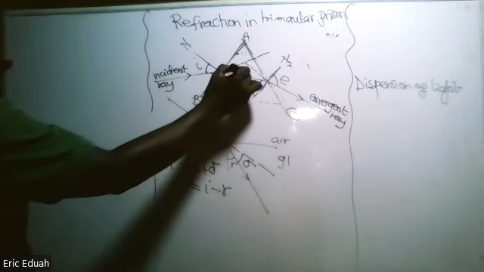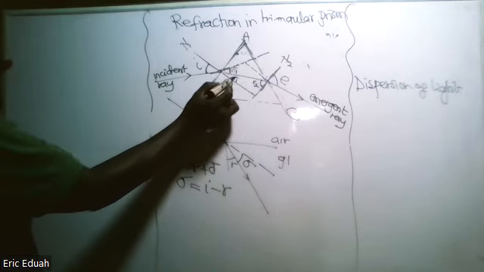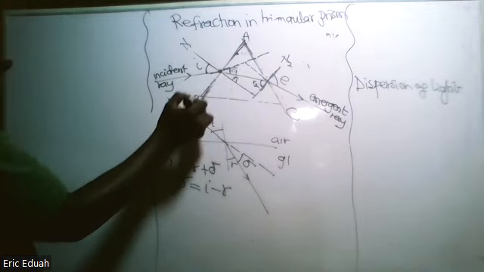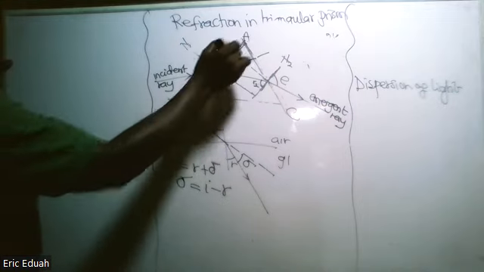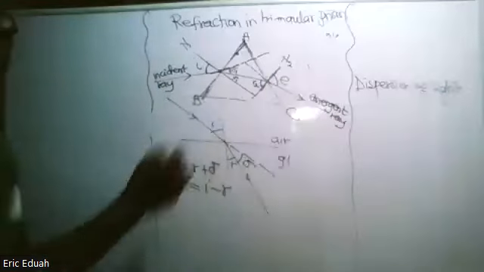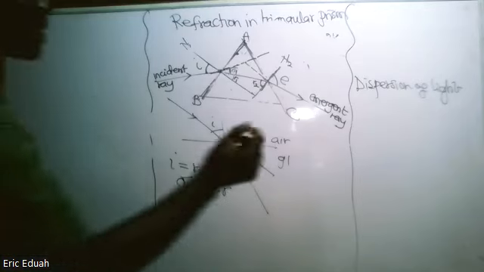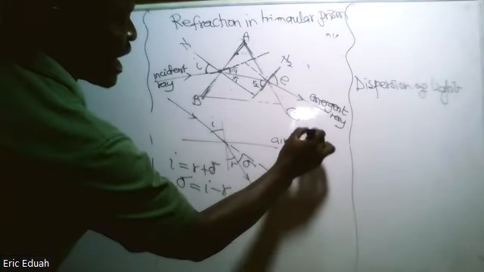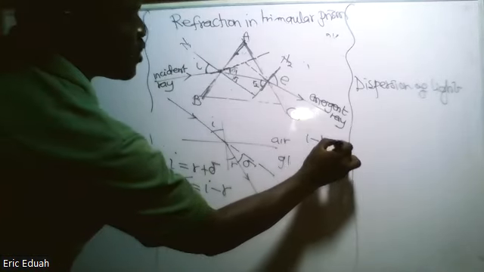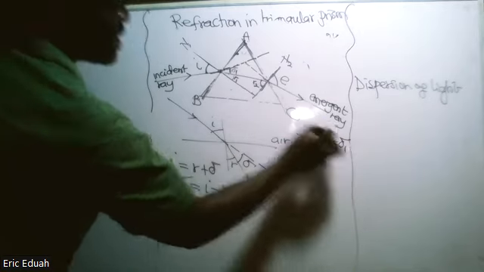This I is equal to the whole of this angle. So if this is the angle of refraction R1 at the first refracting surface AB, then the remaining angle, I minus R1, must be equal to the first deviation, sigma 1.